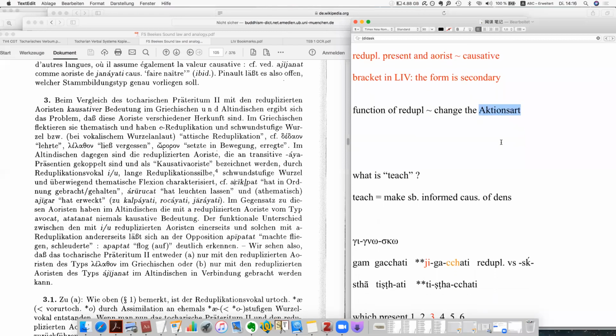I think you probably remember, I also mentioned the important thing that aktionsart and transitivity are closely related, right? Closely related.